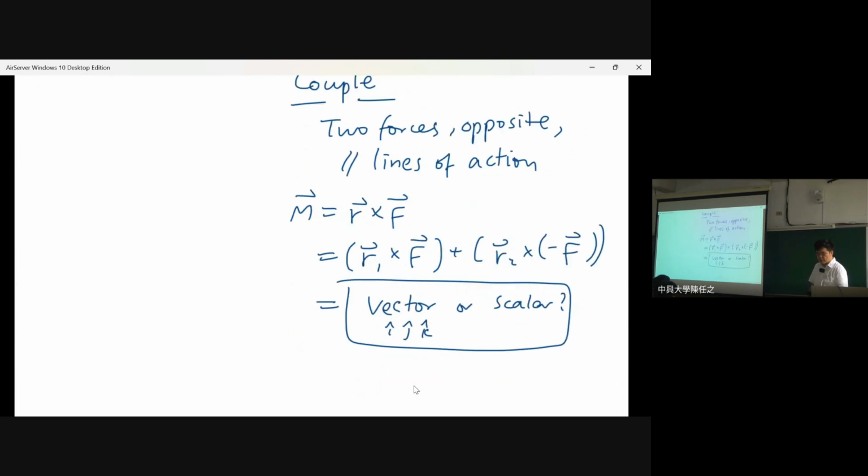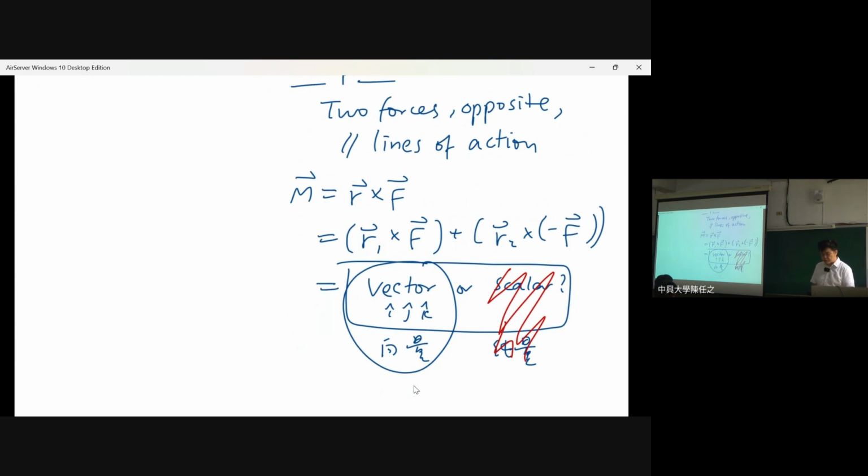Vector 是向量嘛，scalar 是纯量. So R cross F, is it a vector or a scalar? It's a vector. So please, if you know that the answer should be a vector, you need to get a vector, okay?